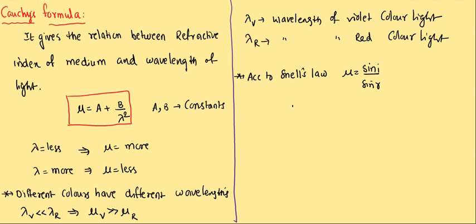From this, for a given angle of incidence, nu is inversely proportional to sin r. That means the angle of refraction depends upon the refractive index. Here r is the angle of refraction and nu is the refractive index.